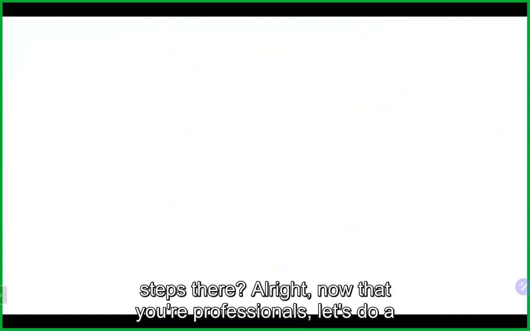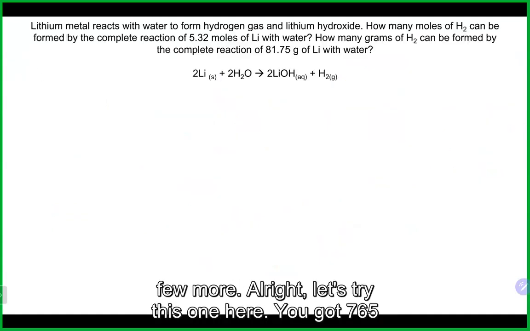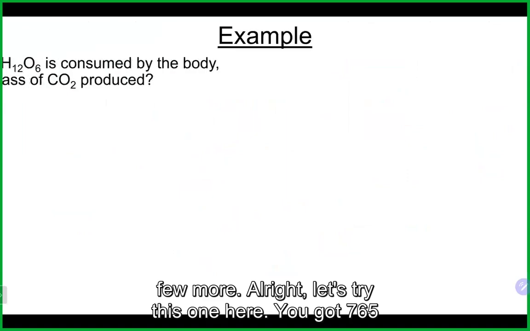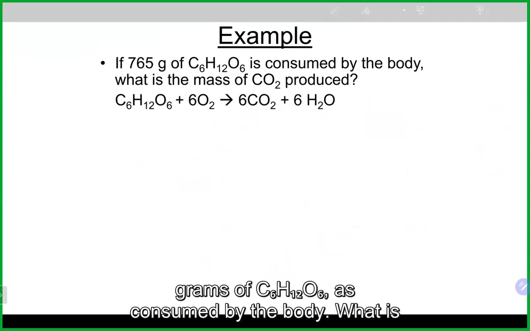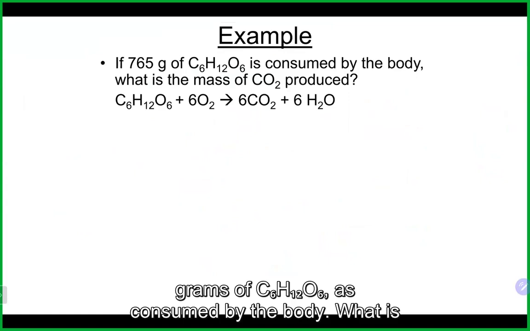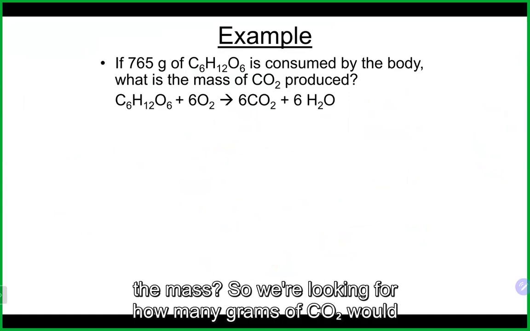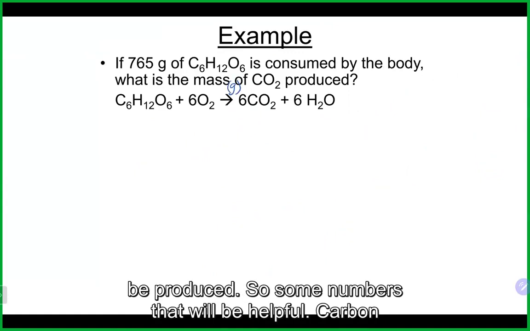All right, now that you're professionals, let's do a few more. All right, let's try this one here. You have 765 grams of C6H12O6, and it's consumed by the body. We're looking for how many grams of CO2 would be produced.